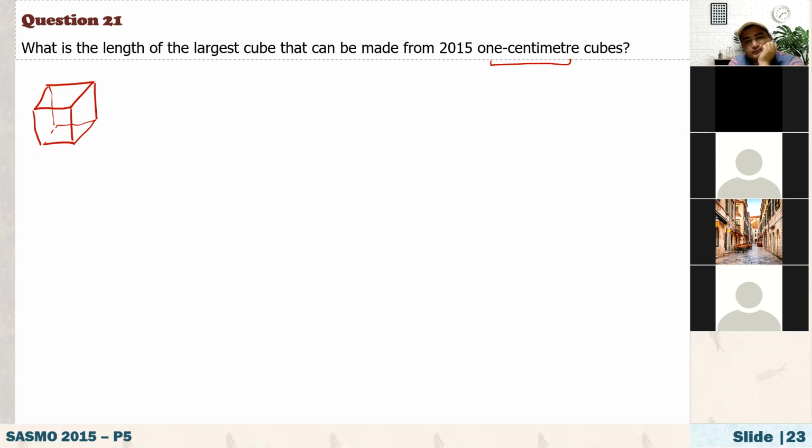Yes. Okay. But number one is, Fikriye, if you are given 2015 1 centimeter cubes, that means one side is 1 centimeter. Is it possible to make a bigger cube using these cubes? Okay, all of these cubes.